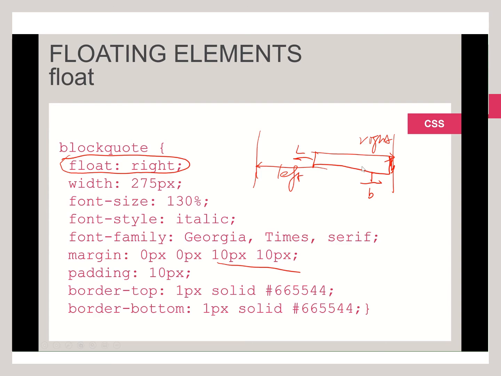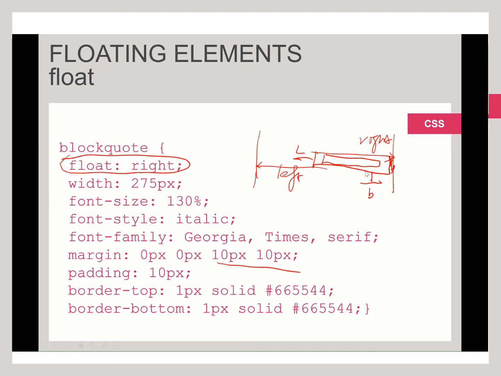So we also add a padding inside, 10 on each side. And then border top, we add a border on the top and a border on the bottom. So we add two border lines, 1 pixel solid in this color.